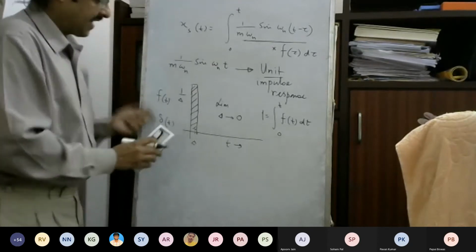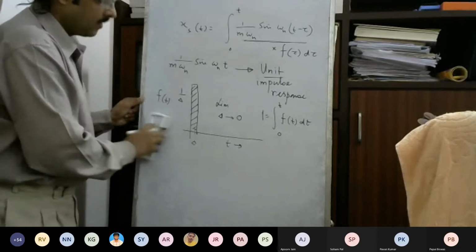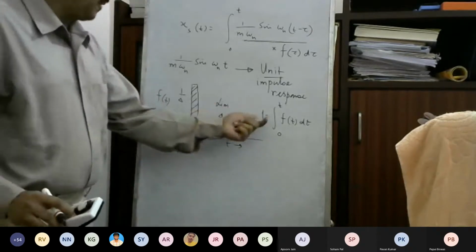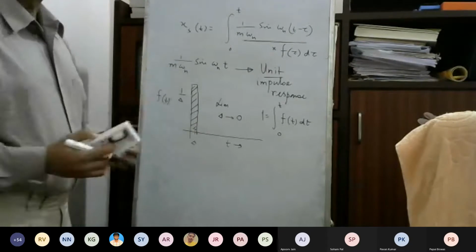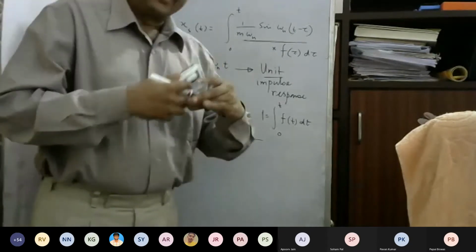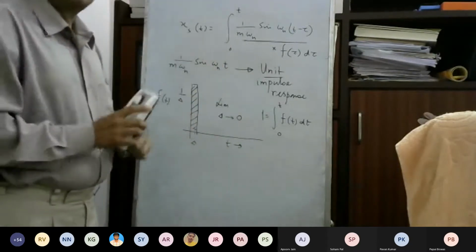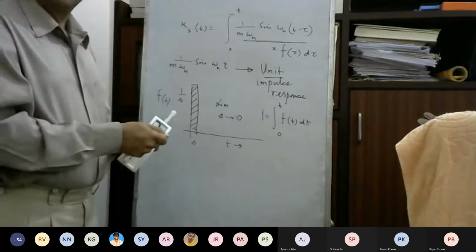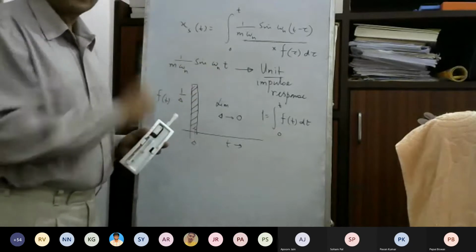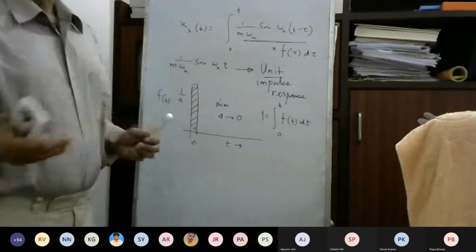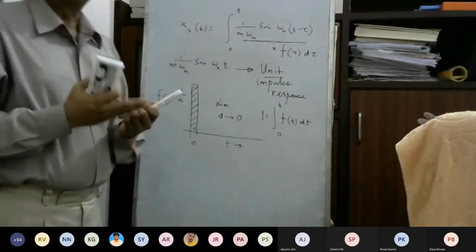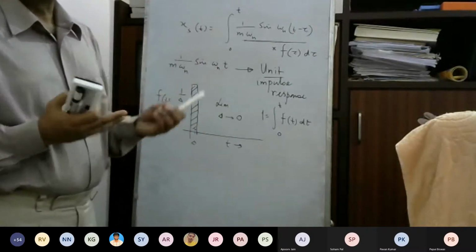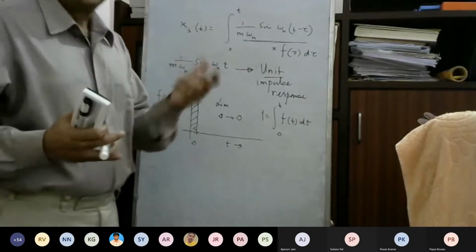That means that over a time interval delta, I am applying a very large force. Physically, it can be done by just hammering the system. You take a hammer and give a hard blow to the mass, and we can approximately say that we are giving an impulse, because the hammer is in contact with the mass for a small time, but we still see appreciable motion.